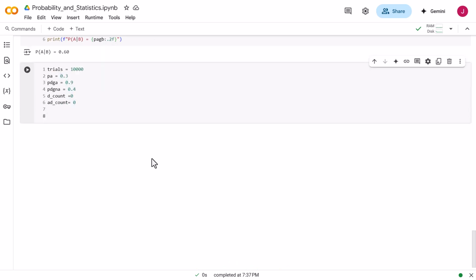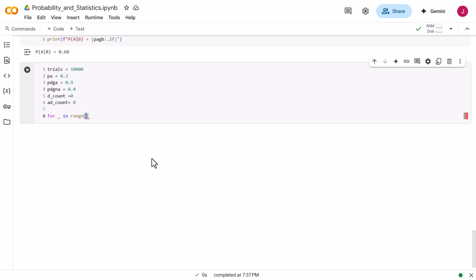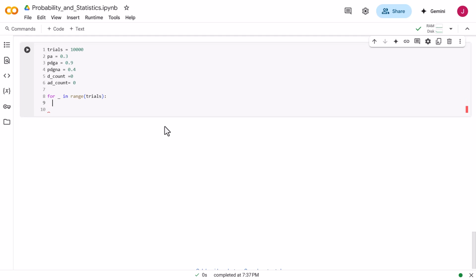So for underscore in range of trials, here we say that is rain, right? We want to simulate rain: true if random is less than 0.3.